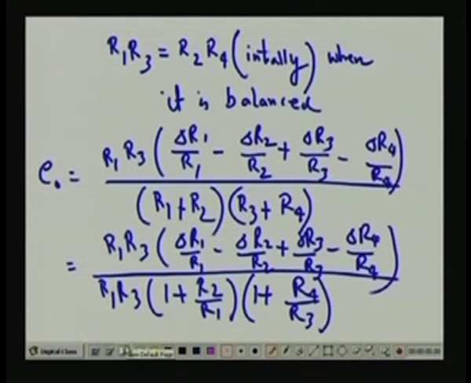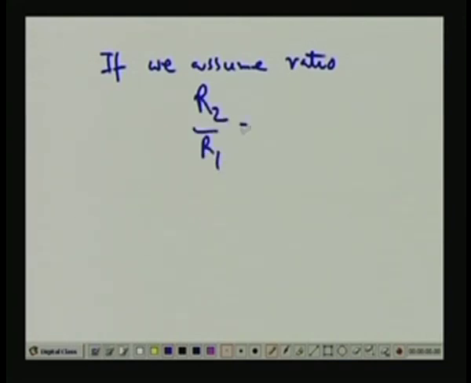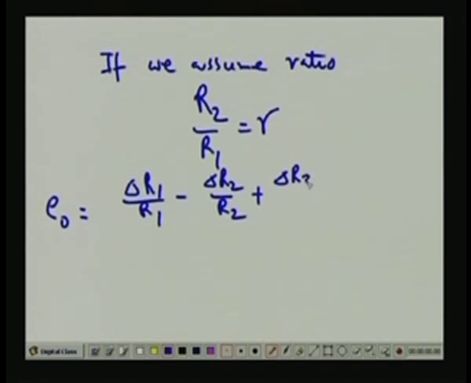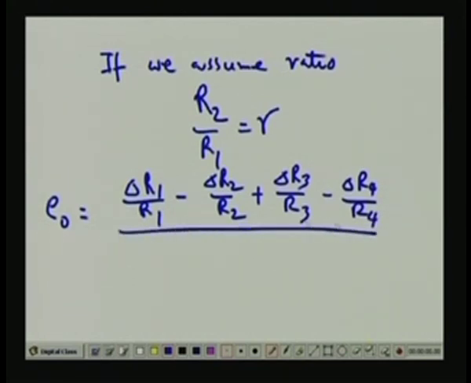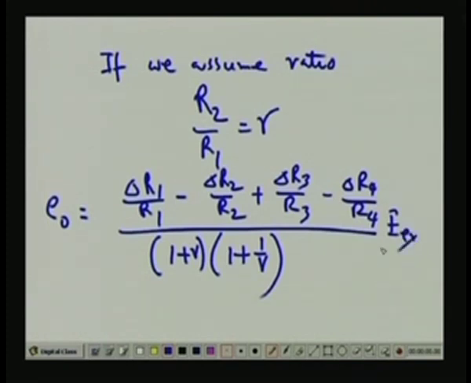We assume that the ratio R2 by R1 equal to small r, then the output voltage will be equal to delta R1 by R1 minus delta R2 by R2 plus delta R3 by R3 minus delta R4 by R4, upon 1 plus r into 1 plus 1 by r, multiplied by Ex.